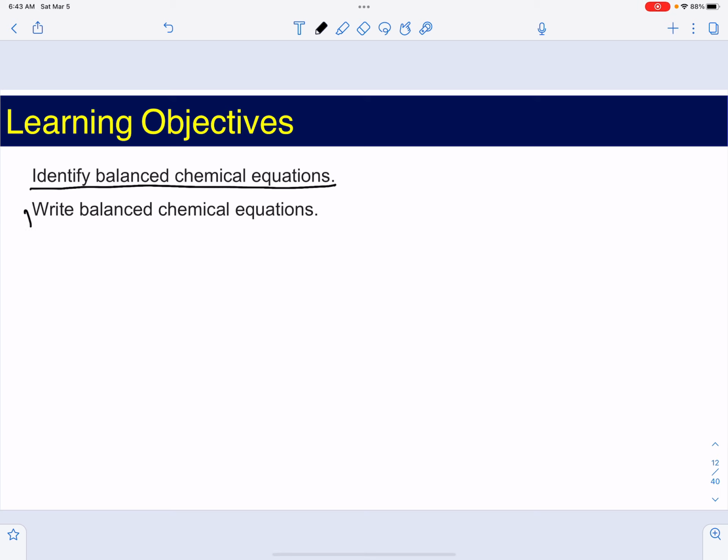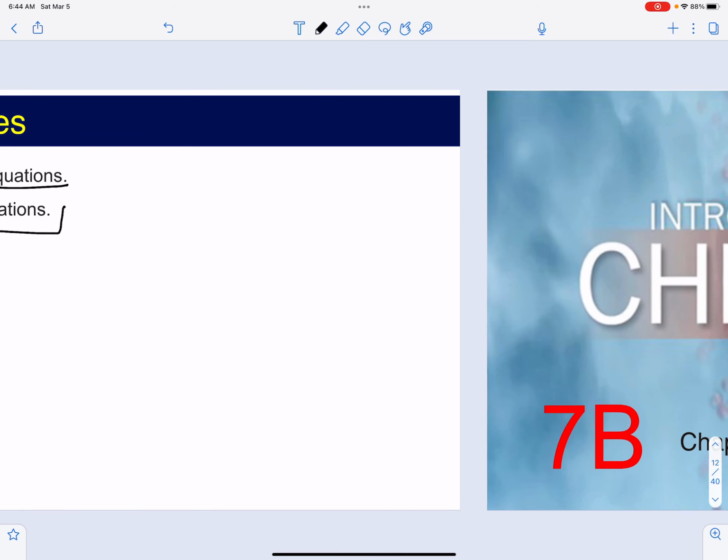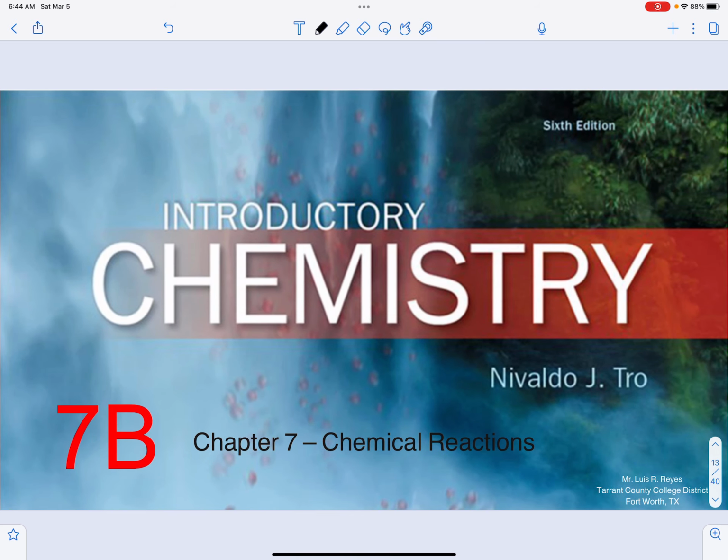And given a verbal paragraph with a reaction with the formulas by name, you know how to transform those names into formulas, write an equation with the phases gas, solid, and whatever you need to write, and then make sure that it's balanced. So practice, practice, practice, and that brings us to the end of our first recording.